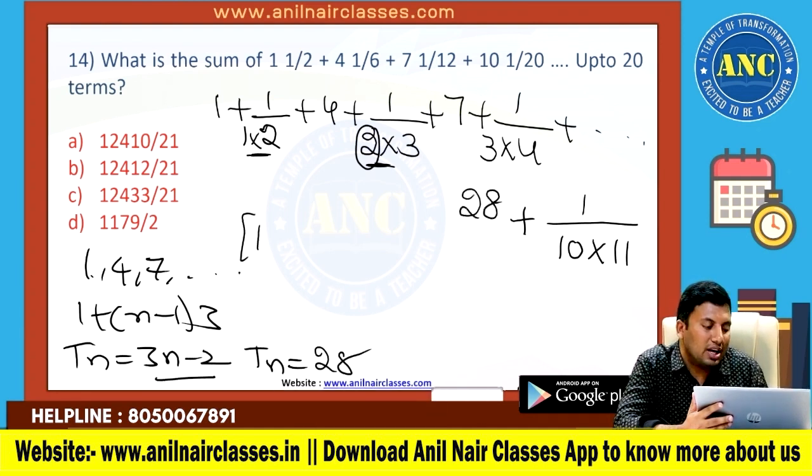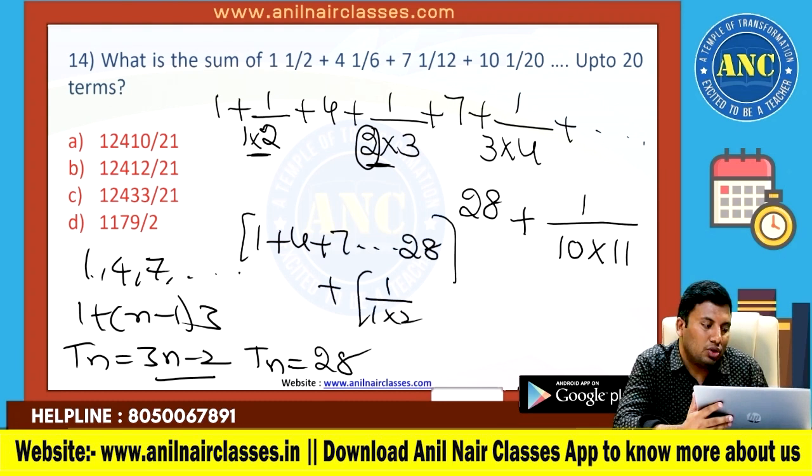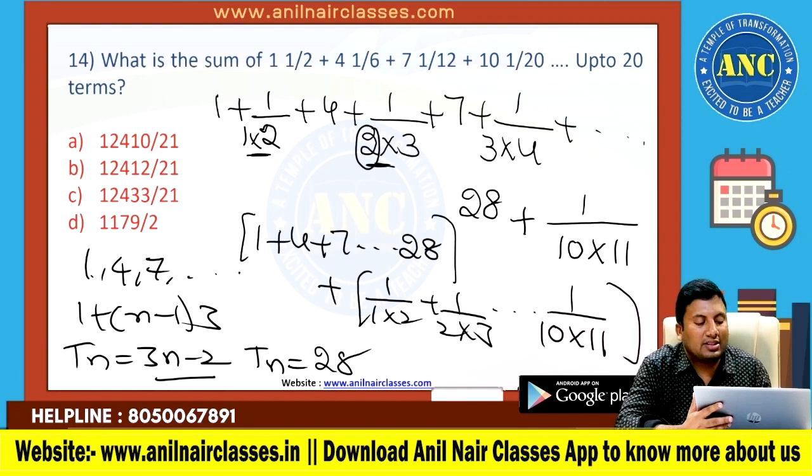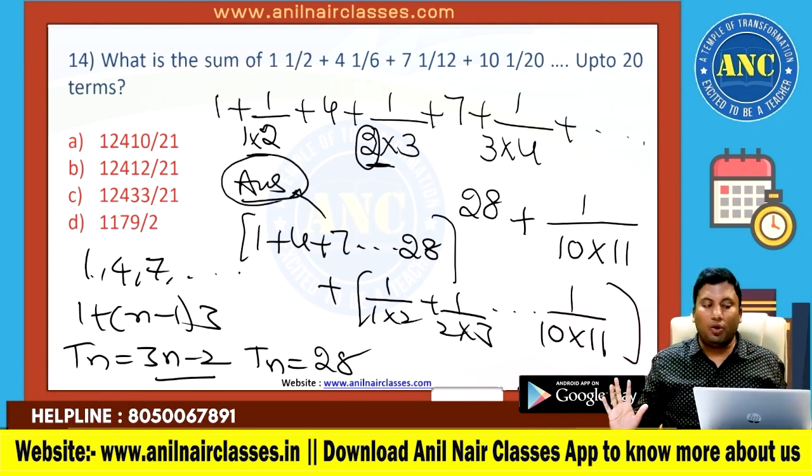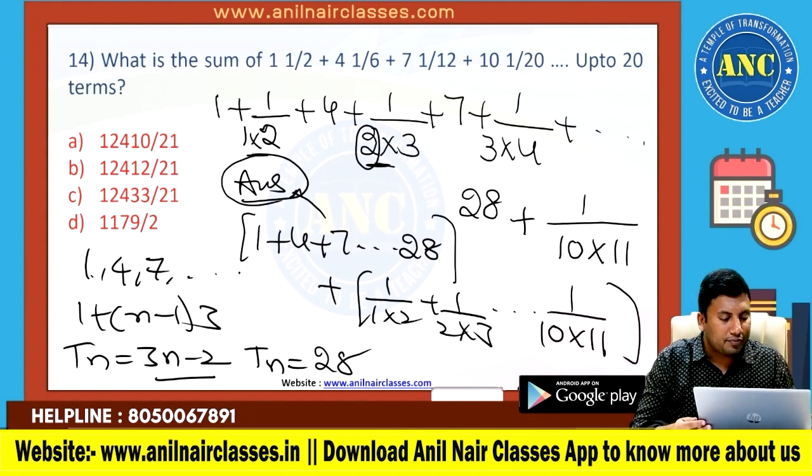That means there are 2 series: 1, 4, 7 and so on up to 28, plus 1 into 2, plus 2 into 3, and so on up to 1 by 10 into 11. Whatever answer you get from this value, that itself is the answer. I hope the idea is clear.